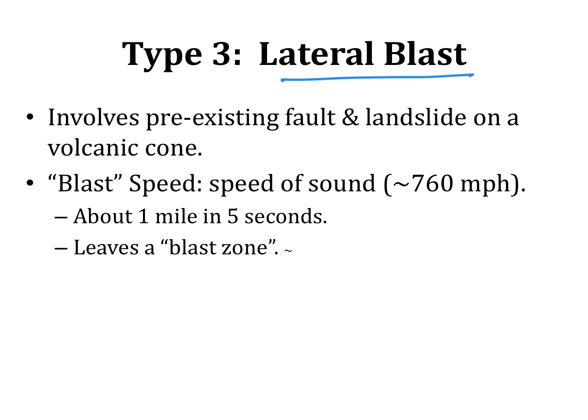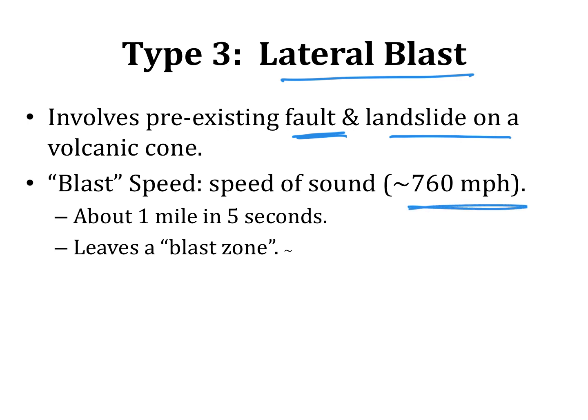In that case, there was a pre-existing fault which had not been mapped. So the geologists who were monitoring the volcano did not know about the fault. That caused a landslide as magma moved up into the cone. And because the magma is suddenly exposed to air pressure, instead of the explosion happening while there is still rock on top of the magma, you end up getting an explosion that moves at the speed of sound or more.